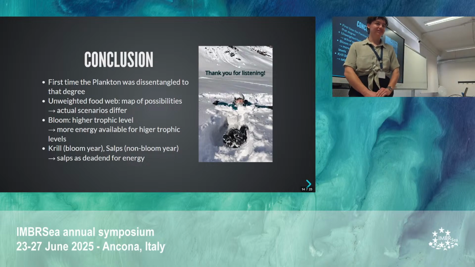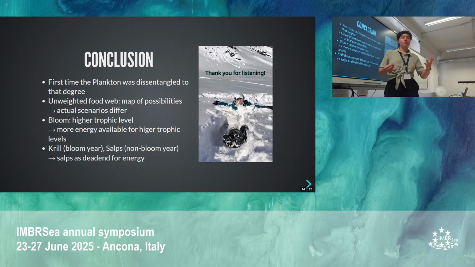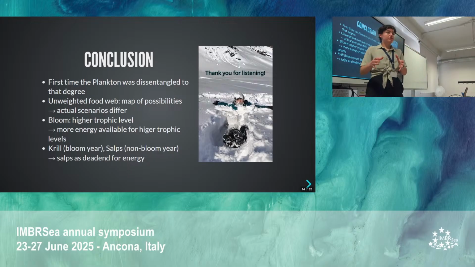And what would be the further research that you would do? The further research would be to, for example, in this case, we compared a bloom year and a non-bloom year, but if we look at Potter Cove, the bloom years are mainly very cold or very hot years, and in those two bloom scenarios, the phytoplankton composition is different.